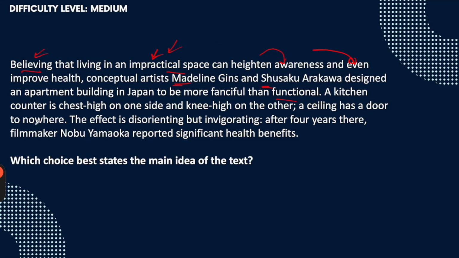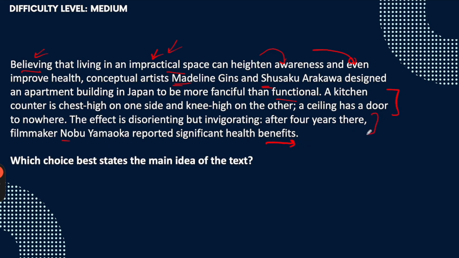Let's read ahead. A kitchen counter is chest high on one side and knee high on the other. A ceiling has a door to nowhere. This is basically an explanation of how that space is impractical, right? The effect is disorienting but invigorating. After 4 years there, filmmaker Nobu reported significant health benefits.